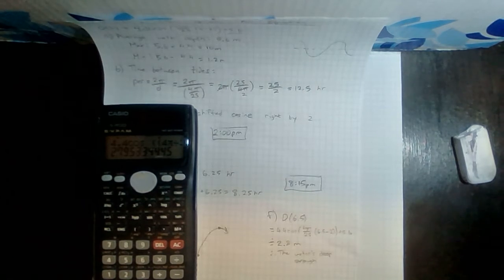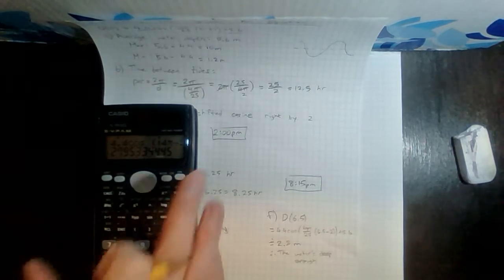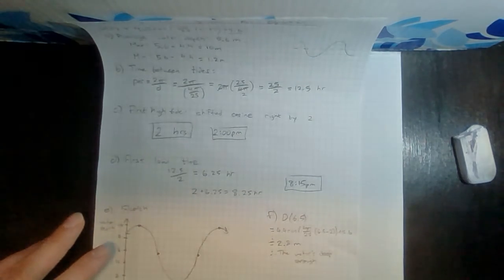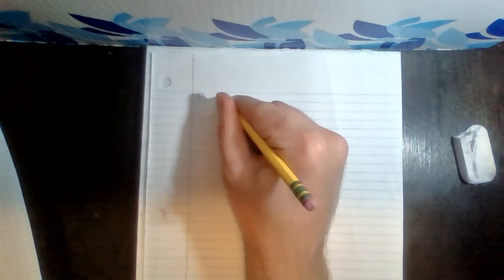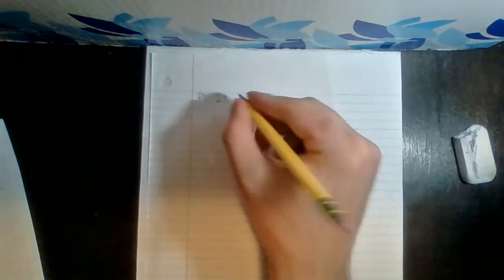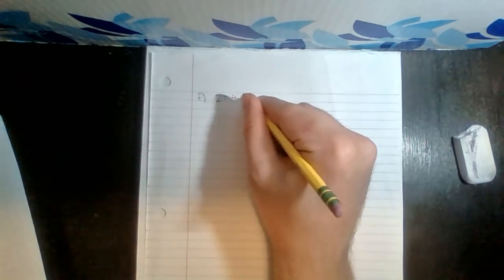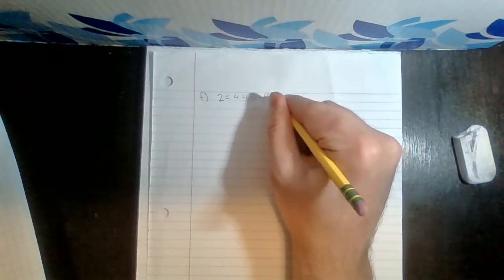Between what times of day can the captain not sail out of the harbor? So when can they not sail out of the harbor? We're interested in when the depth is 2. So when is this equation equal to 2 meters?